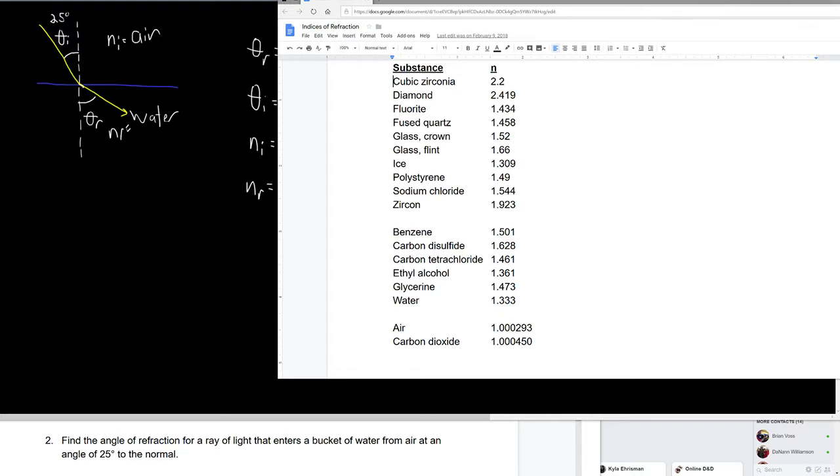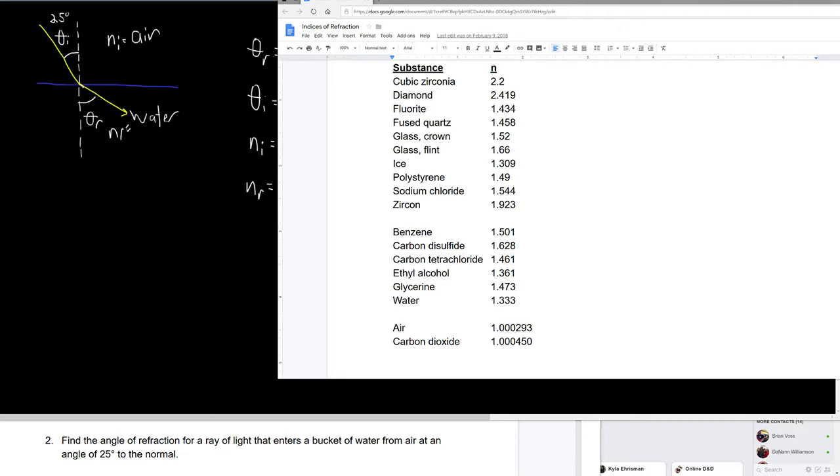One of the big takeaways is that the solids have some of the highest indices of refraction, like cubic zirconia, diamond, and zircon. The liquids range from about 1.3 up to about 1.6. And the gases down here have indices of refraction that are super, super small.